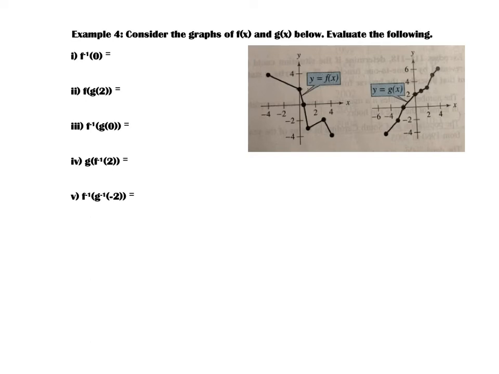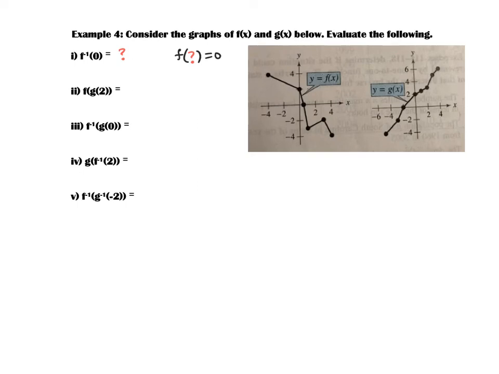Okay, so f inverse of 0. I don't know what this value is going to be, but I do know that f of that value should equal 0. So as I look at f of x, which value gives me an output of 0?